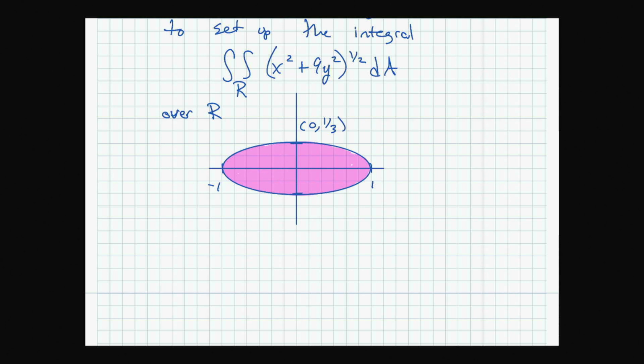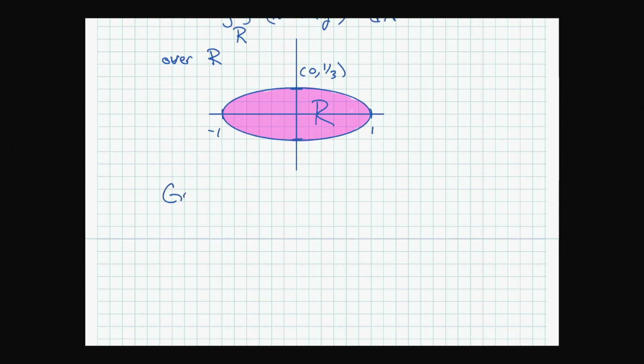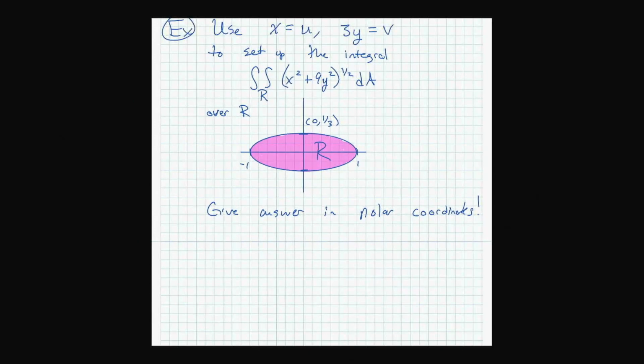So they give you this integral, they tell you this is R, and then they say we want to set up the integral, but then they say that we have to write our answer in polar coordinates, which is weird. Like I said, it's weird.